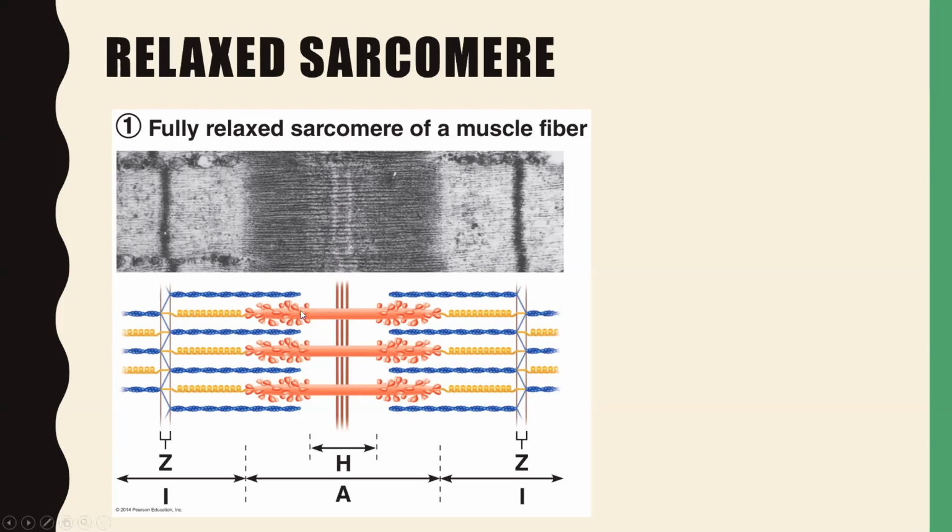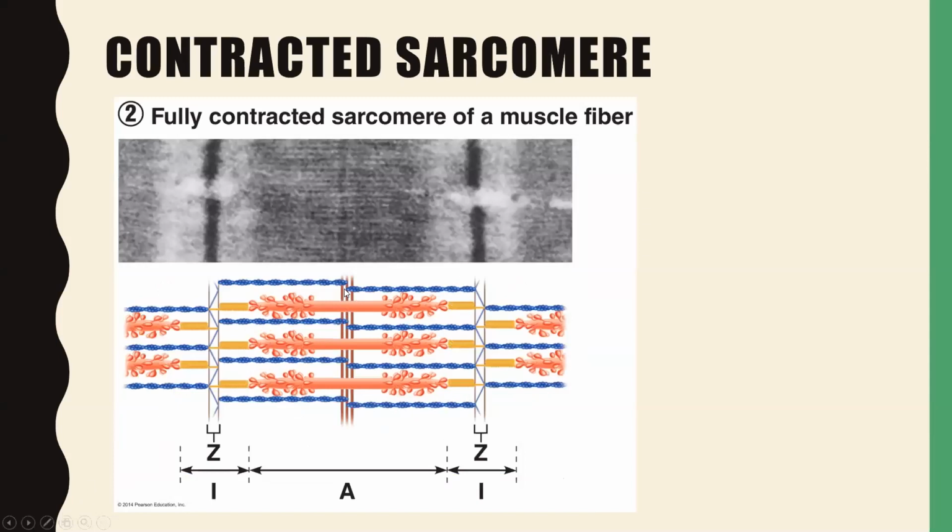Now, if you notice, these myosin proteins have these little heads that are going to reach out and grab onto the actin molecules and then pull them toward the center. So these heads are going to pull in this direction, and then these heads are going to pull in this direction, so that ultimately when the muscle is fully contracted, oh look, our H zone totally disappeared because the thin filaments now were brought towards the center, and the width of the I-band has gotten shorter because we moved the Z discs towards one another.